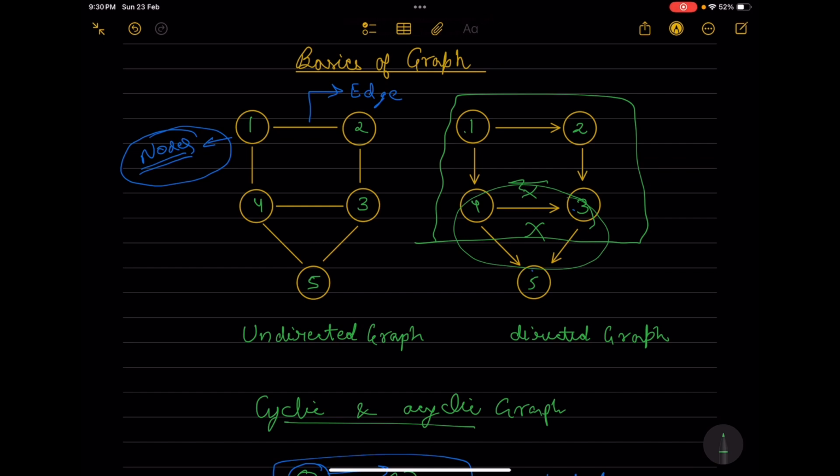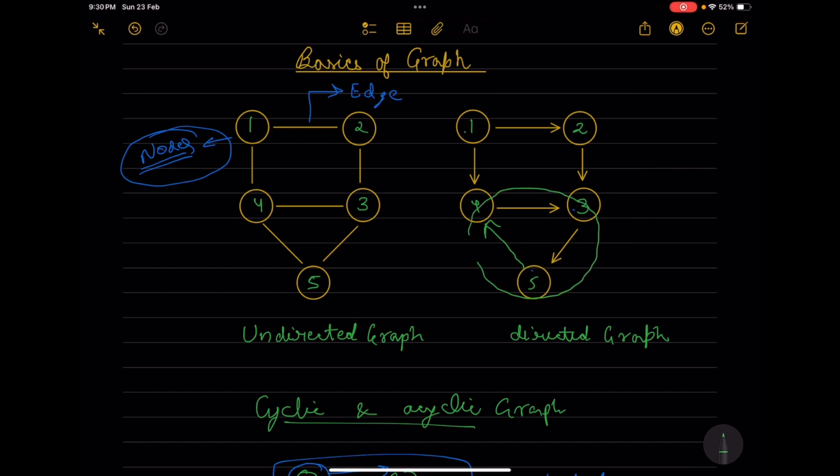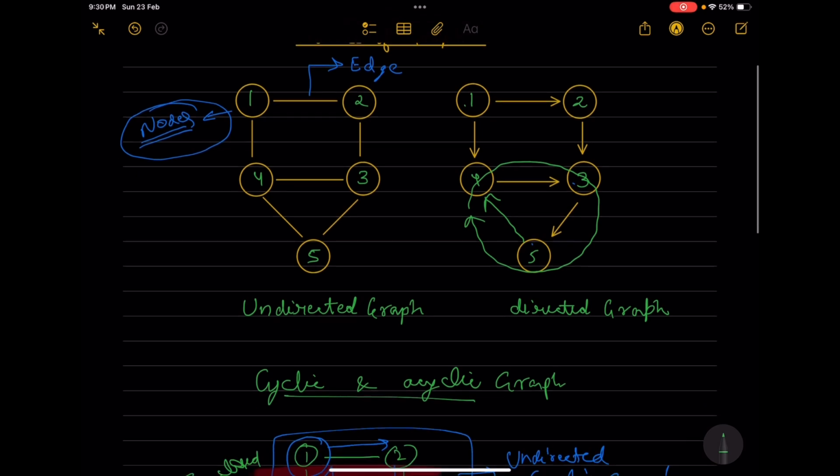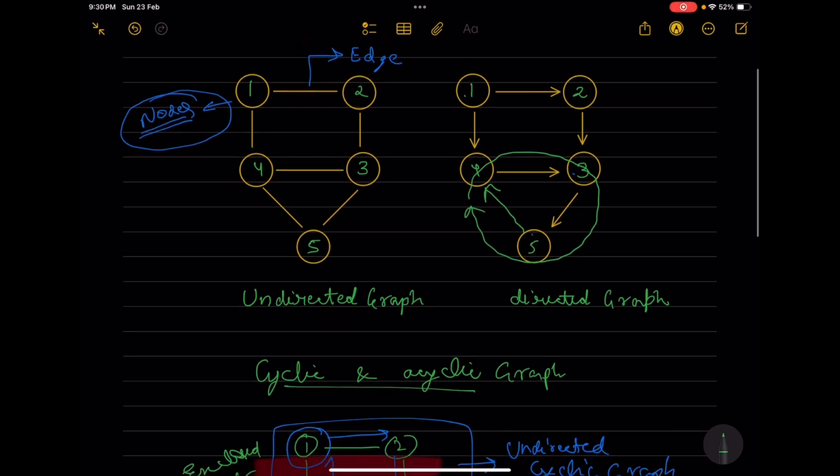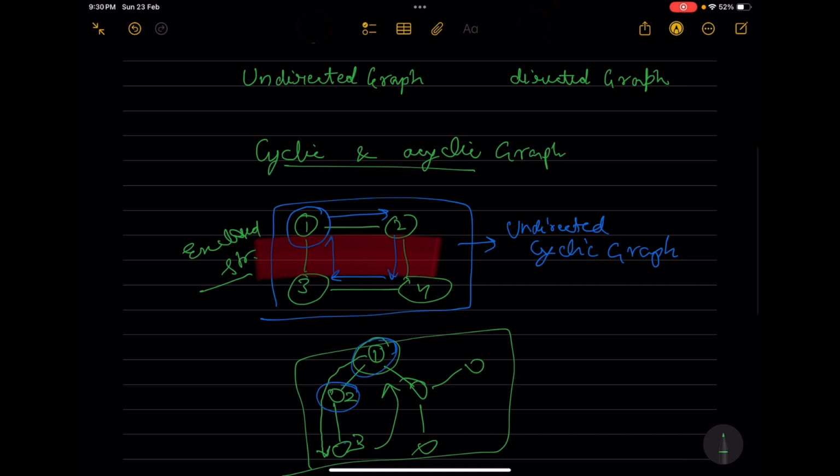So here, let's say we change the direction of this edge and it became 5 to 4. We can say that it is forming a cycle. And we can say that it is a directed cyclic graph. Cool. So this was about the undirected graph and the directed graph and the cyclic and the acyclic graphs.